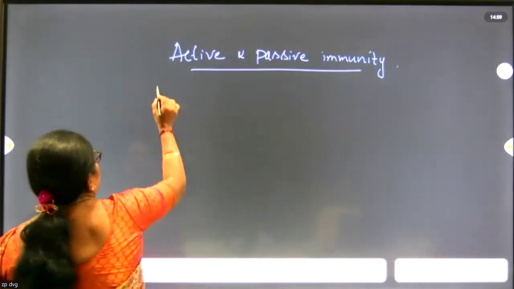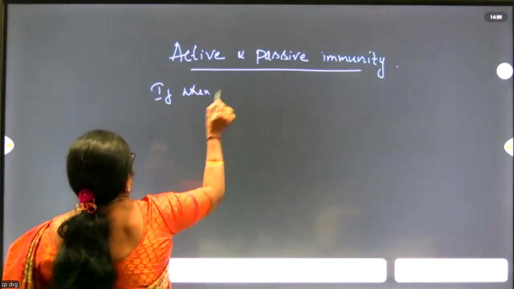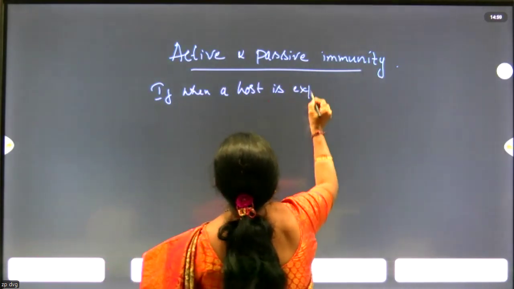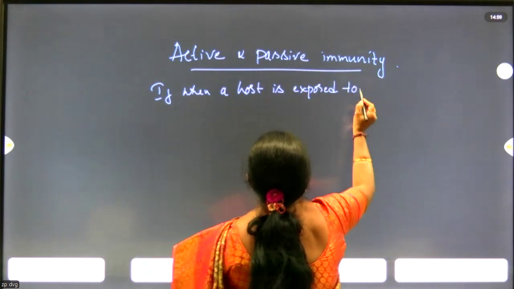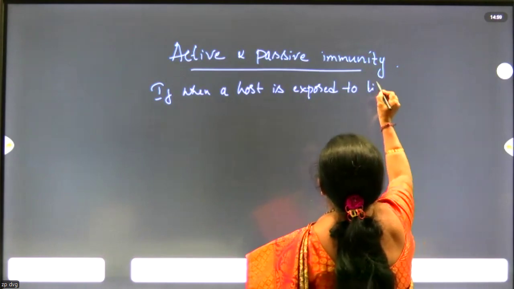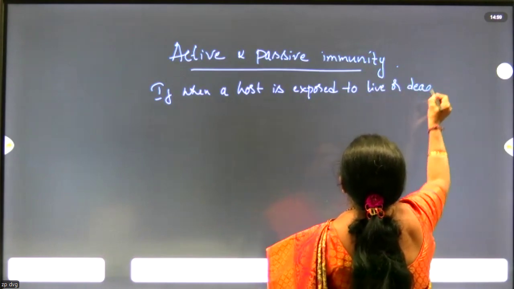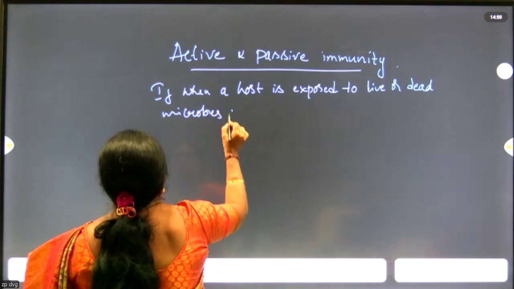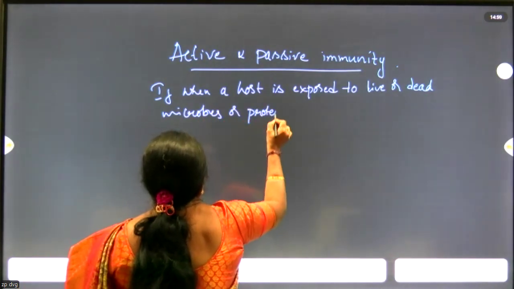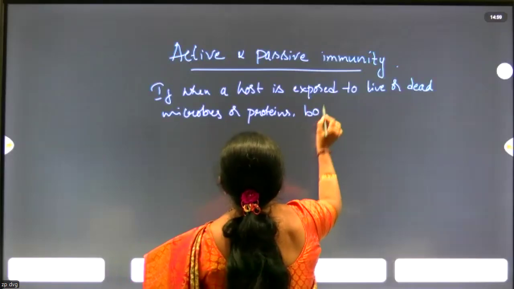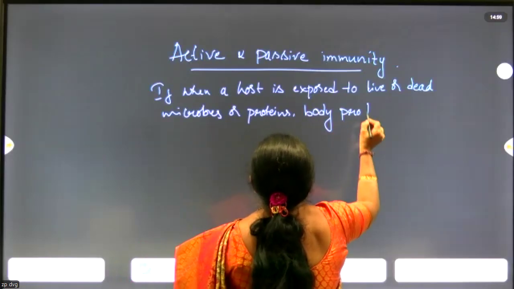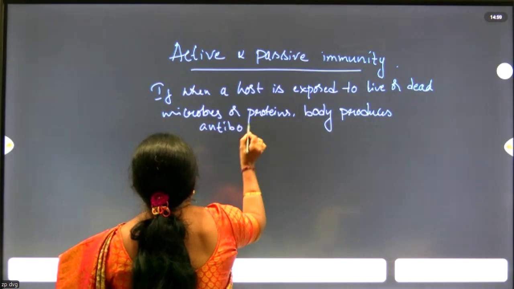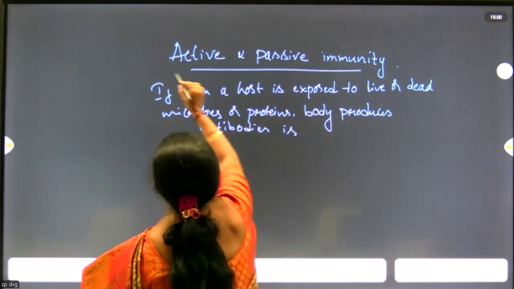Active immunity is when a host is exposed to live or dead microbes or proteins, the body produces antibodies, and that is called active immunity.